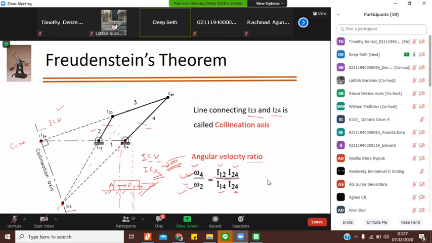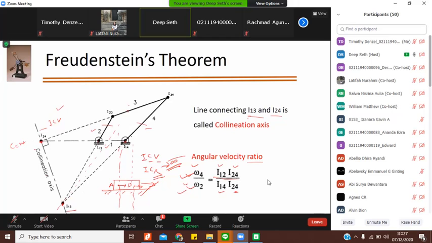And if you see Freudenstein's theorem also, here what you are seeing, this I24, what does it actually represent? It represents the instantaneous center for link 2 and link 4. Similarly, I13 represents the instantaneous center for links 1 and 3.